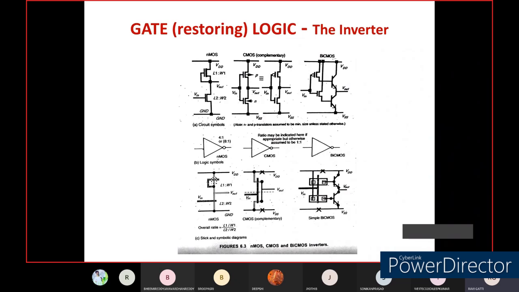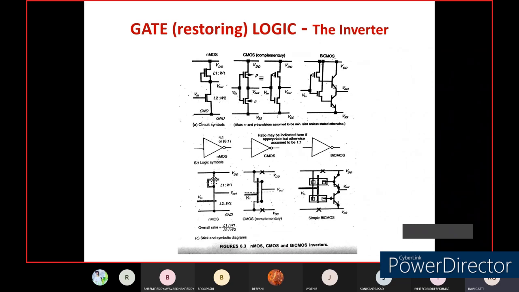If you have two transistors, the top transistor we call the pull-up network and the bottom transistor we call the pull-down transistor. Depending upon how you trigger the gate, the output will be connected accordingly. If the top transistor is activated, the output will be connected to VDD.